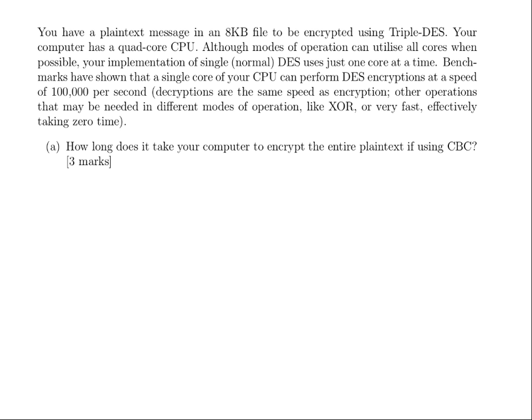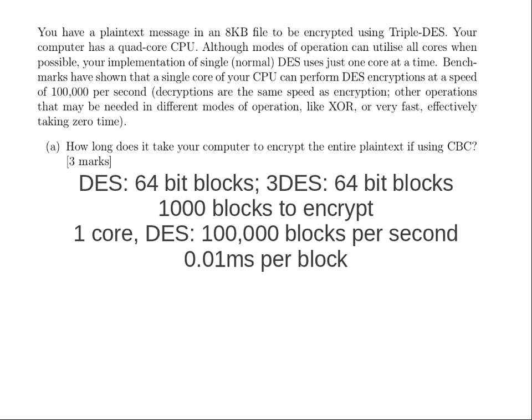So if normal DES encrypts at 100,000 times per second, triple DES will take 3 times as long, or 33,333 per second. Because triple DES, from a performance perspective, is DES, DES, DES: just different keys, but same block size.